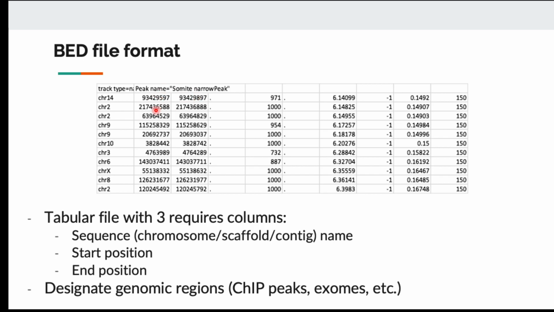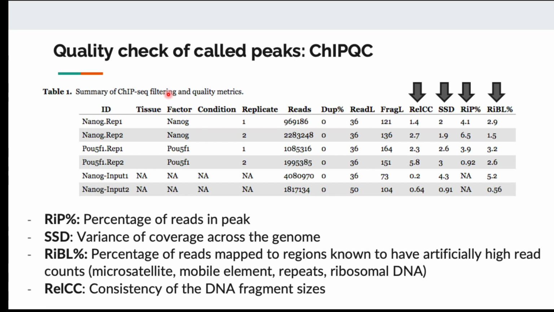So the BED format is a general format that can describe any region on the genome, not just a ChIP-seq peak. And this file you can put in other software to visualize where the peaks are.